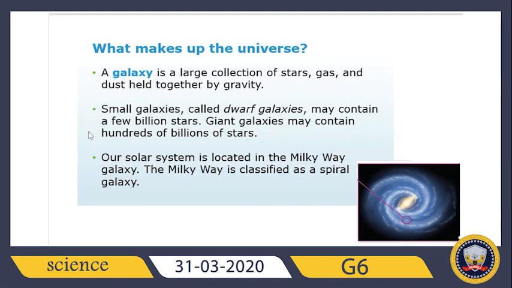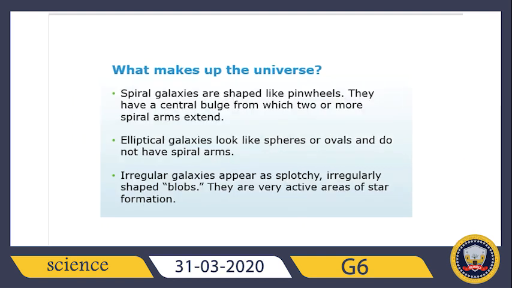This classification, as we said, depends on the sizes of the galaxies. But if we want to classify the galaxies according to their shape, usually we classify them into three major groups: spiral galaxies, elliptical galaxies, and irregular galaxies.